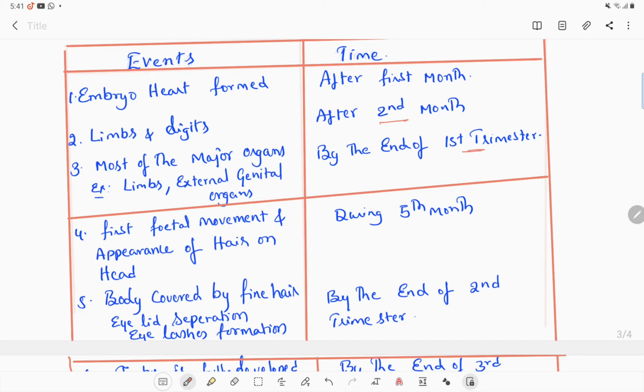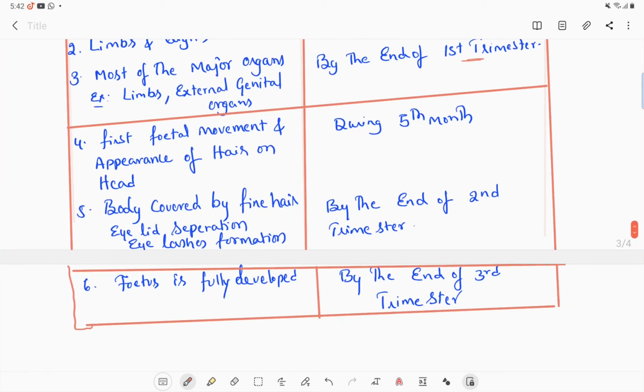This chart is very important for NEET examination and CET also. So first fetal movement and appearance of hair on the head occur during the 5th month. Then the body is covered by fine hair, and eyelid separation and eyelash formation occur by the end of the second trimester, that is the 24th week. Then the fetus is fully developed by the end of the third trimester, that is the end of the 9th month.